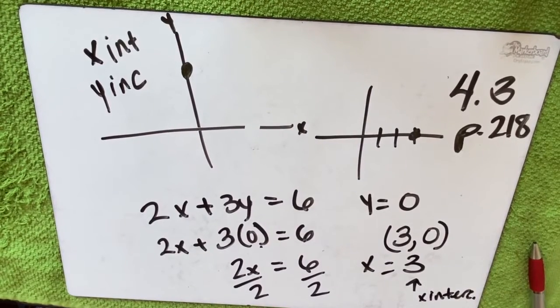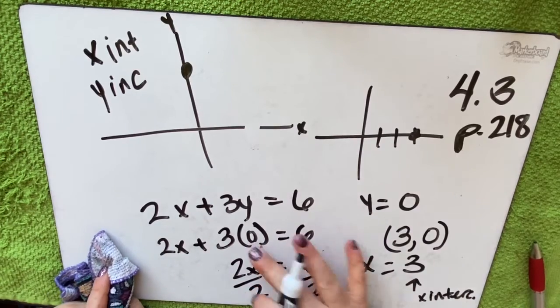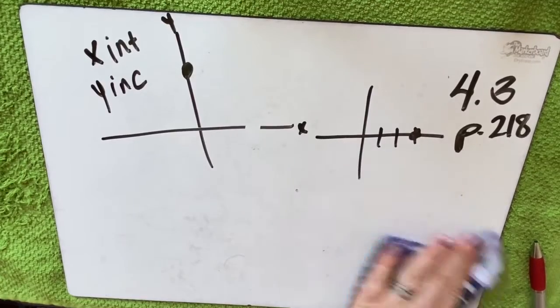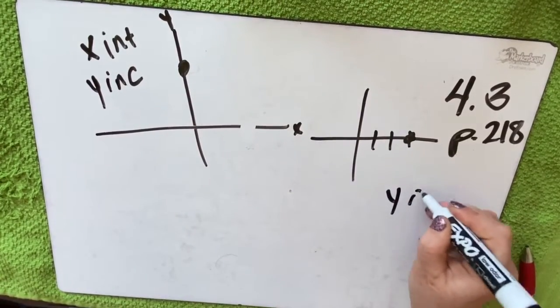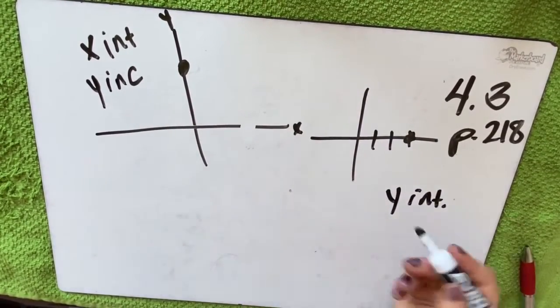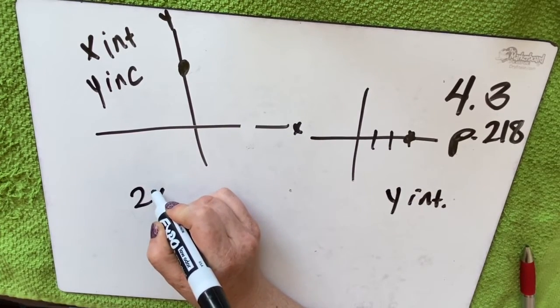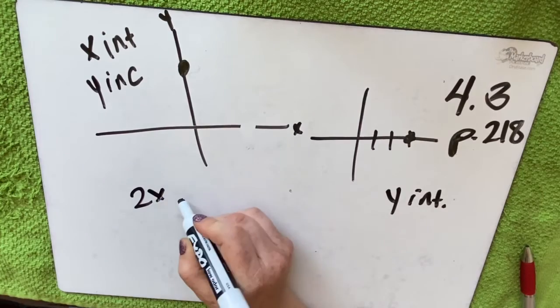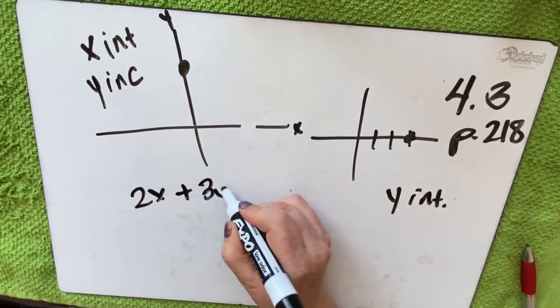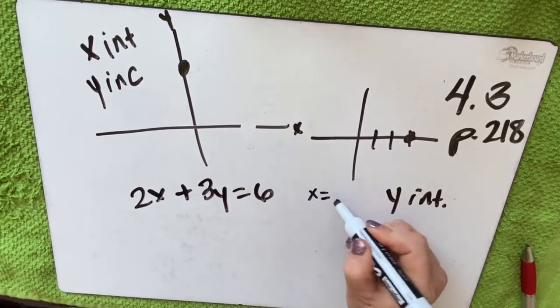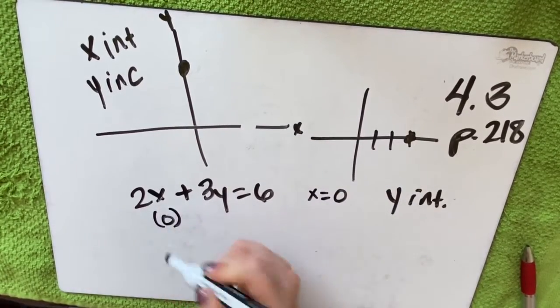Okay? So you have to put 0 in for y if you want the x-intercept. If you want the y-intercept, you have to put 0 in for x. So they're going to give you the same thing, 2x plus 3y equals 6. And they said put x equals 0. So then they substituted 0 in here.